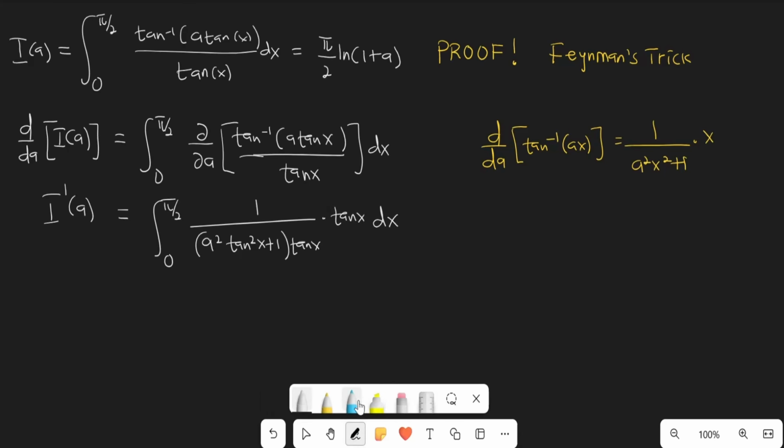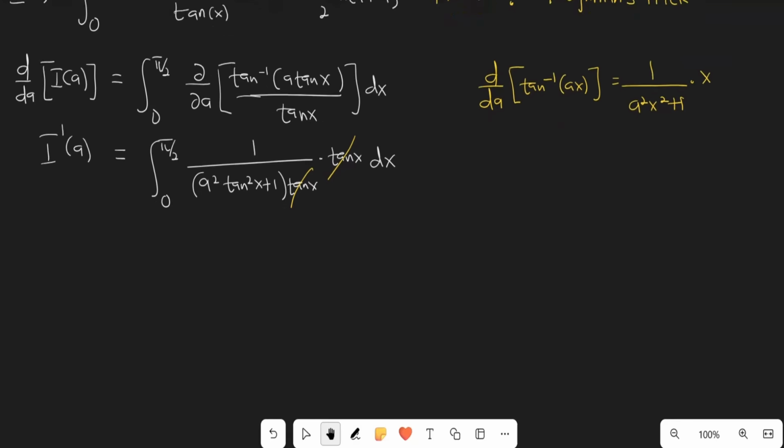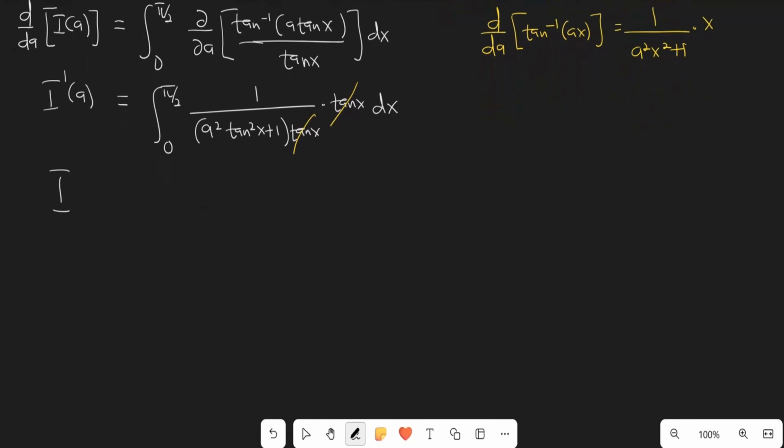Cool. So this one is going to cancel this one beautifully, and what you are left with is this. So we have I prime of a is equal to the integral from 0 to pi over 2 of 1 all over a squared times the tangent squared of x plus 1 dx.